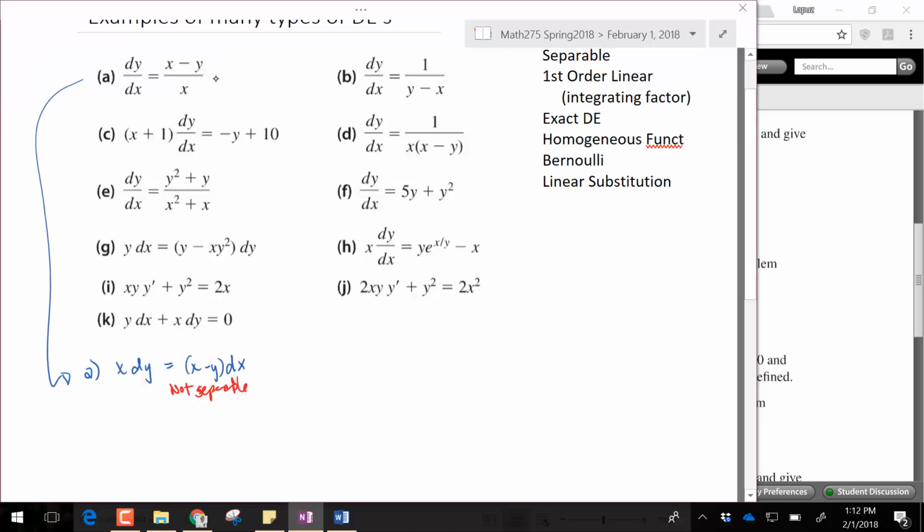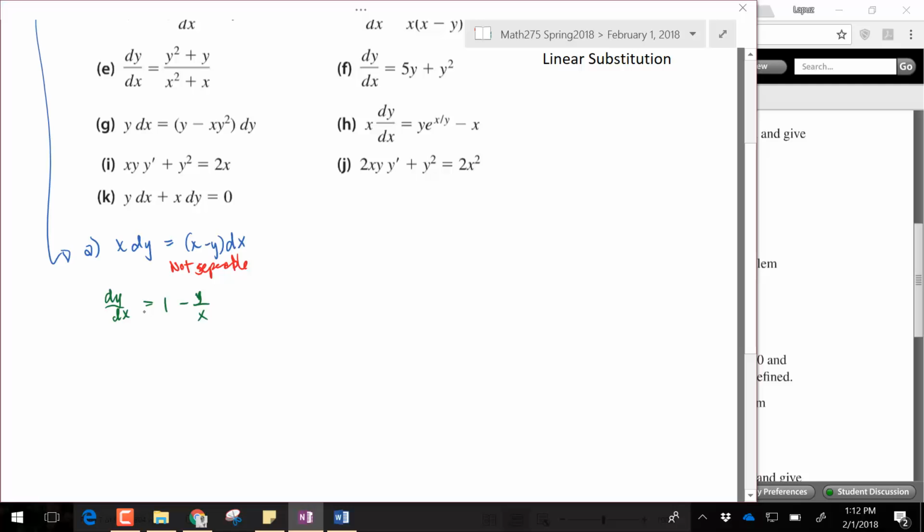Michael suggested that we split this up. dy/dx is equal to 1 minus y over x. Then we can rewrite this as dy/dx plus 1 over x times y is equal to 1. So now it looks like it's a first order linear.